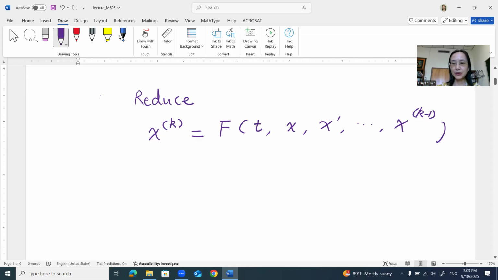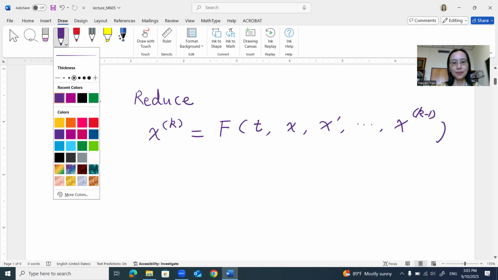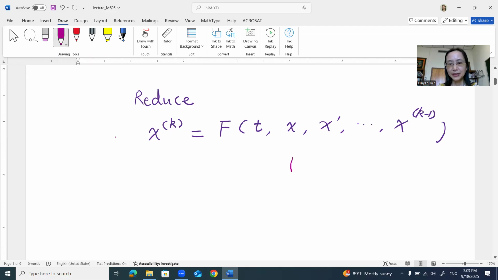So how do we reduce this one equation into k equations? Very similar. Let's first name, just think this is our u1, this is u2, all the way this last one will be uk.